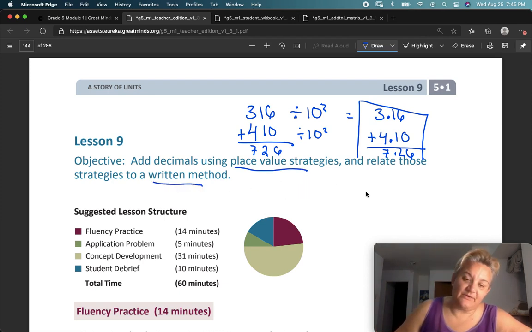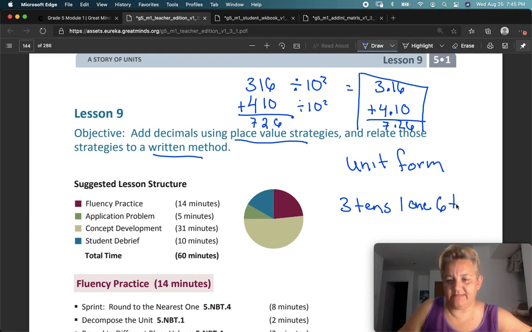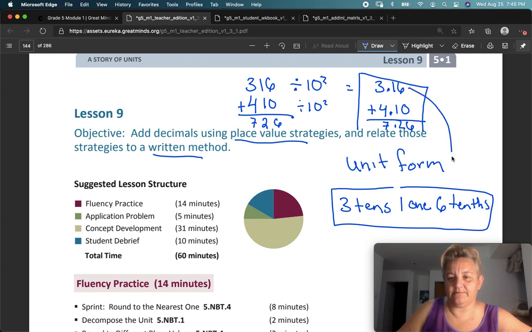So when I talk about unit form, we're going to be using a lot of unit form today, and that is things like 3 tens, 1 one, and 6 tenths. Right, that's the same number as I've already written right here.